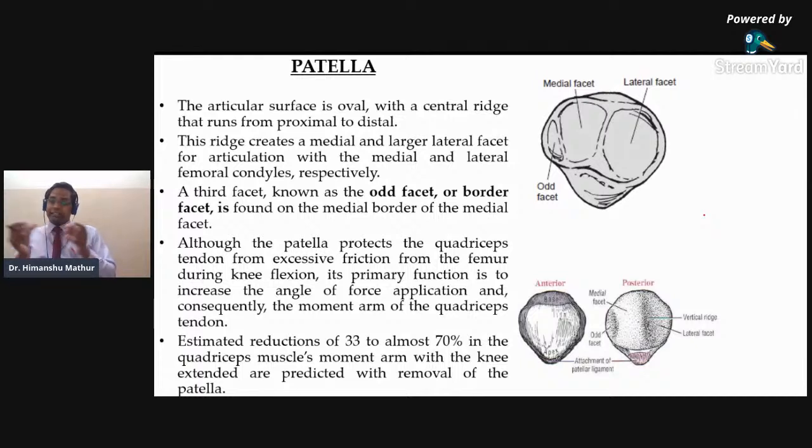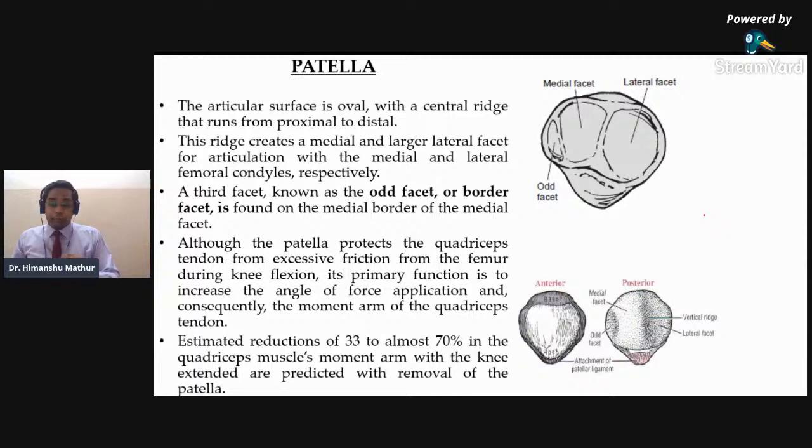Okay, so when it increases the momentum of the extensors, the torque for extension increases. As soon as you go more into flexion, the torque for the extension, or the torque for the quadriceps, increases a lot because of the increase in momentum.